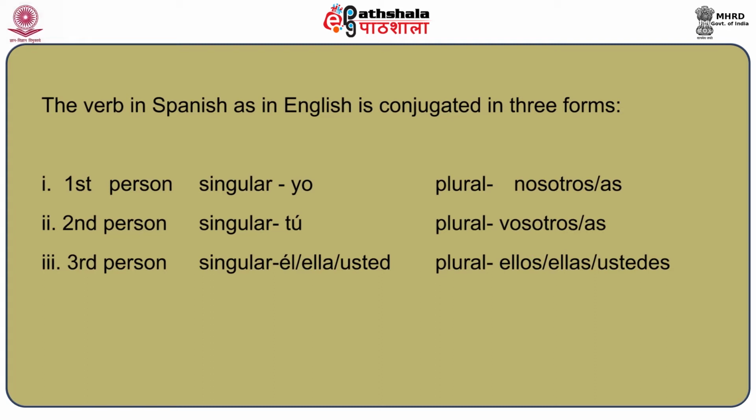And third person singular, which will be he, she or you, and third person plural, which will be they or you all. So the subject pronouns here are I, you, he, she or you in singular, and in plural it becomes we, you all and they.